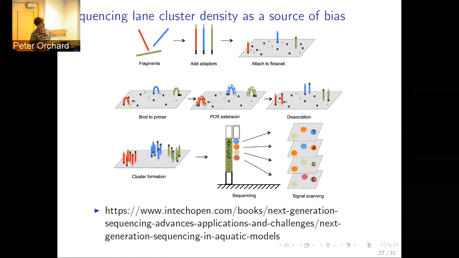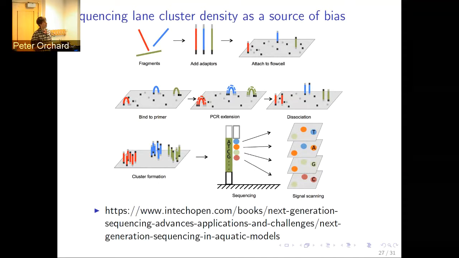Interestingly, you end up with these clusters, but throughout the amplification process, clusters compete with one another for real estate on the flow cell. Like the blue and the green are close to each other in this case. If they're bending over to the same spot, you end up with these clusters competing with one another for amplification.